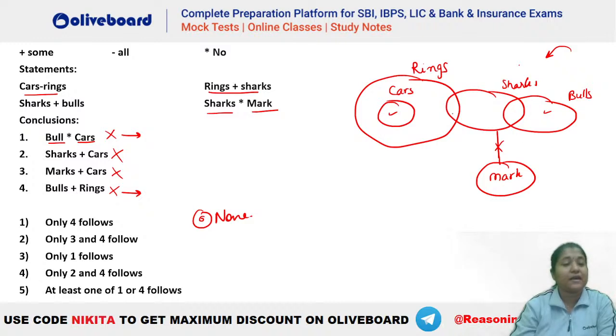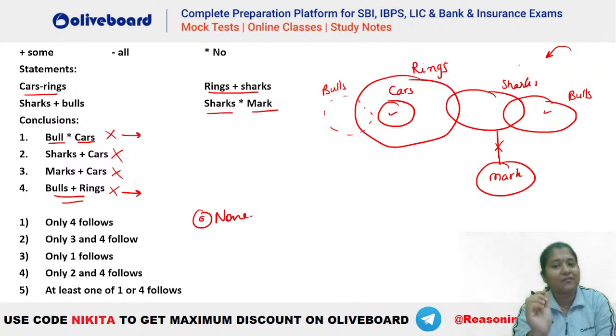Similarly, let's say if this is true here, bulls plus ring, that means some bulls are ring. So you can have bulls and ring, right? You can see bulls can be here also. So either bulls will interact with rings or bulls will not interact with rings, right? There are two possibilities here.